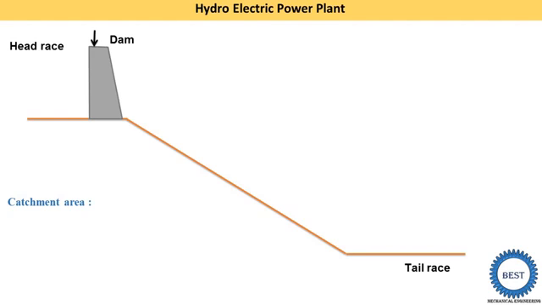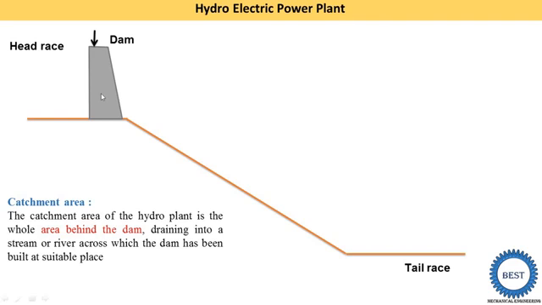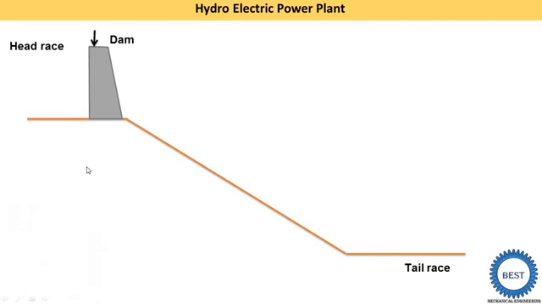Similarly in a hydroelectric power plant, the area which catches the rainwater and supplies it into the dam is known as the catchment area. Means the area behind this dam is known as the catchment area. Catchment means catching the water of the rainy seasons and supplying it into the dam. The area from this dam to the origin of a river is known as the catchment area for a particular dam, and this rainwater is supplied into the dam.